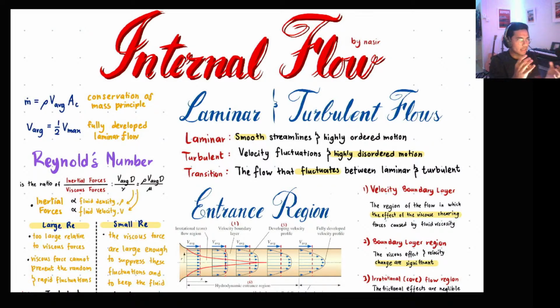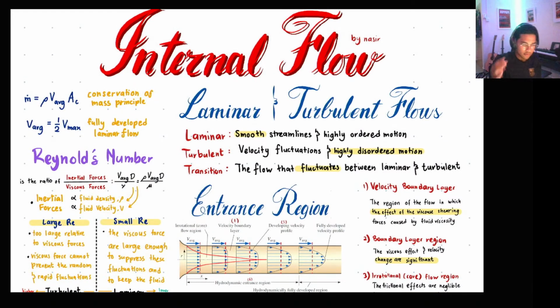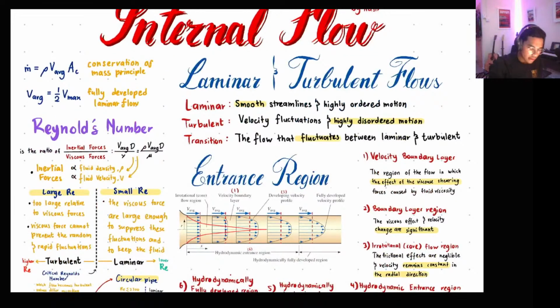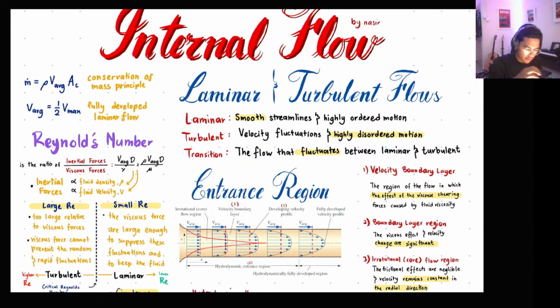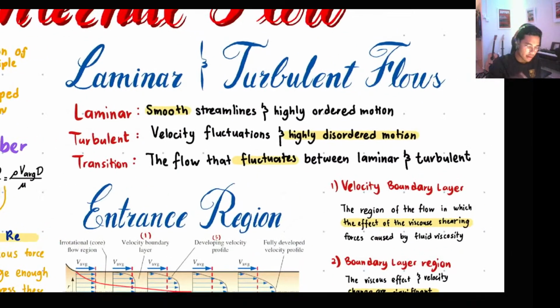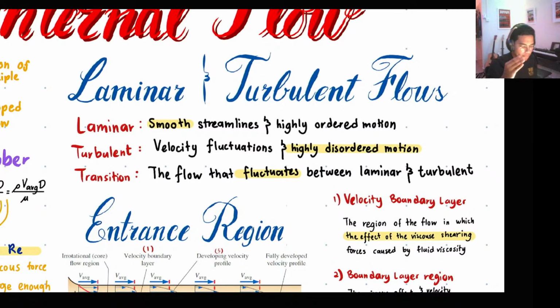Meaning in the pipe there's no air, there's only one type of fluid in the closed pipe. It is either gas or liquid. So, laminar and turbulent flow. Laminar is small streamline. I'll show it.